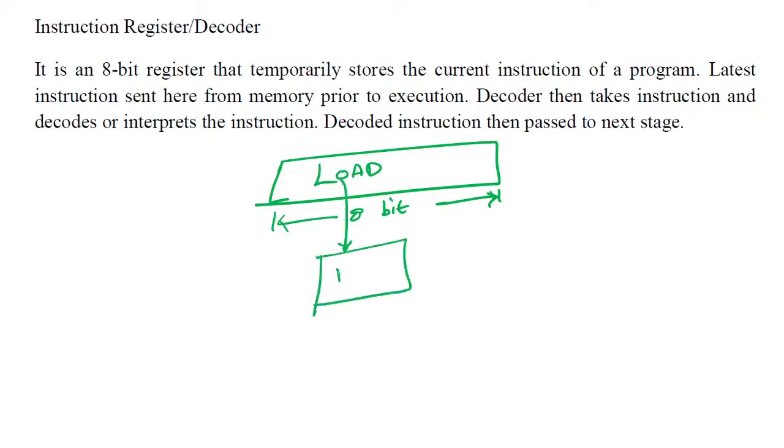The decoder will decode the instruction and find out what kind of instruction it is: a data transfer instruction, a data manipulation instruction, or a transfer of control instruction. After fetching the instruction, you decode it and then pass to the next stage, which is operand fetch.